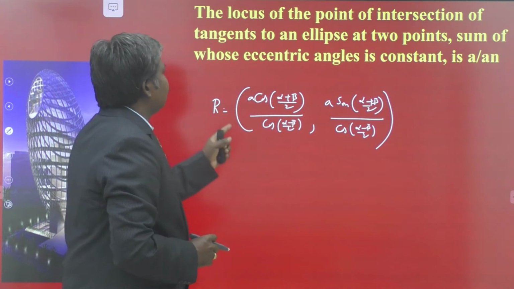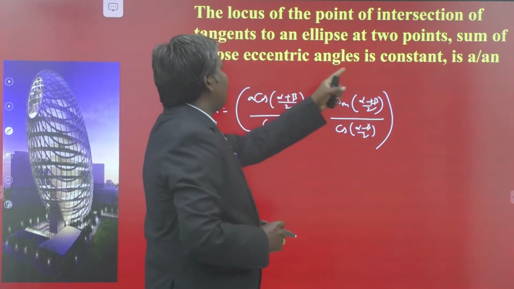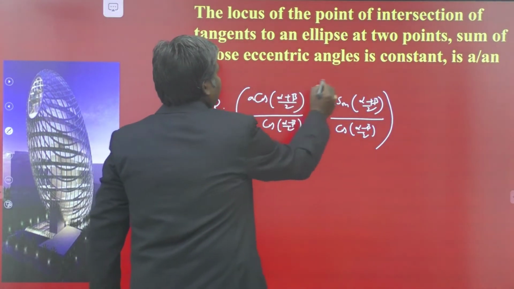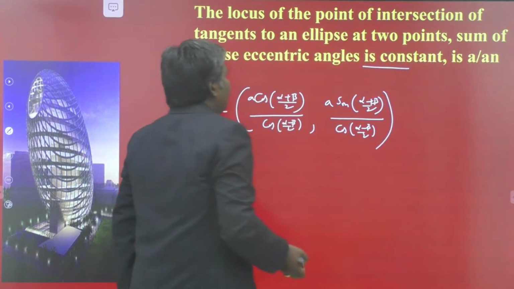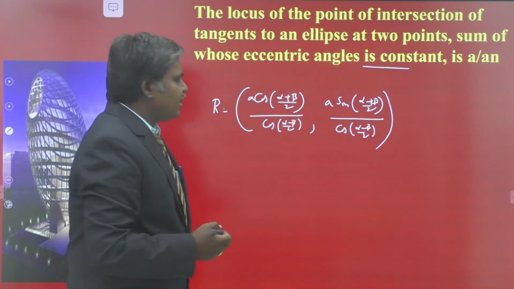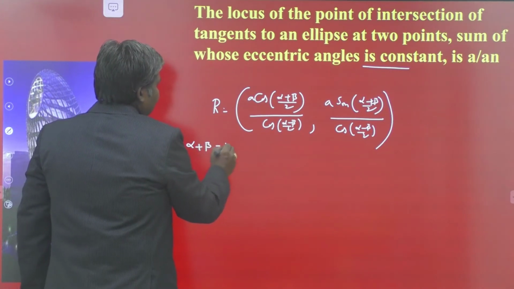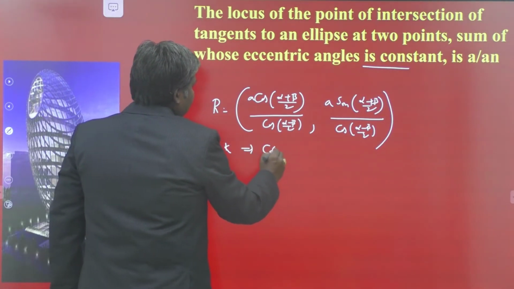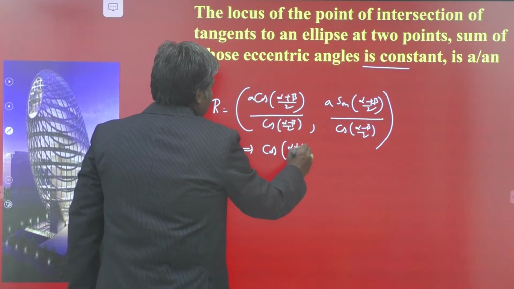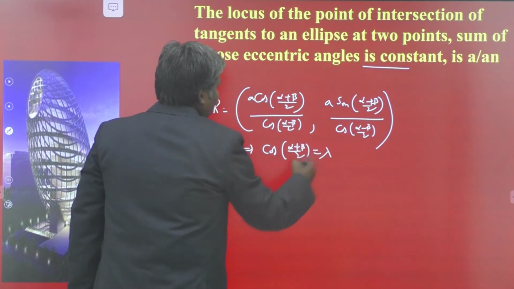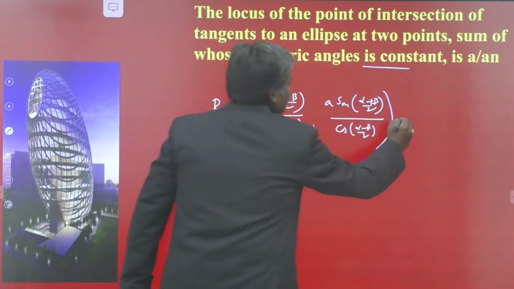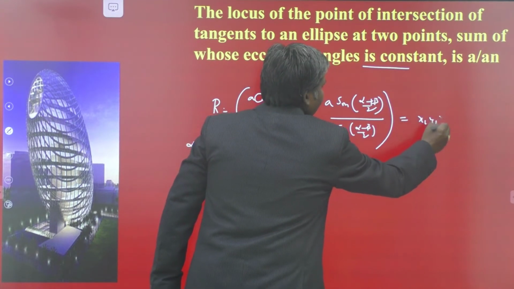Now, in this problem, what is given is that the sum of the eccentric angles is constant. In the previous problem, alpha minus beta was constant. Here, alpha plus beta is constant. Suppose alpha plus beta is equal to k, which implies cos of alpha plus beta by 2 is fixed, say lambda. This is the point on the locus, say x1 comma y1.